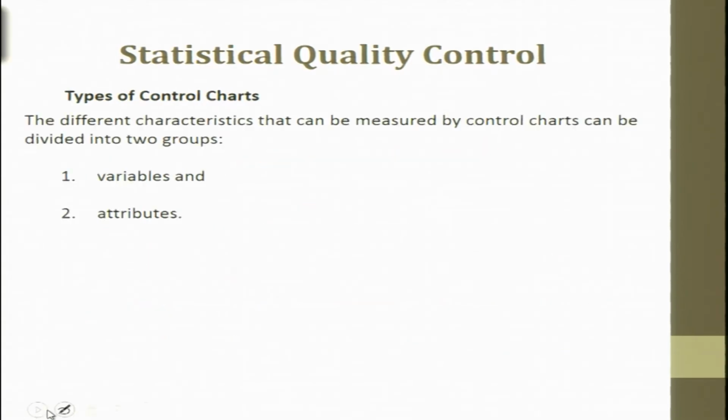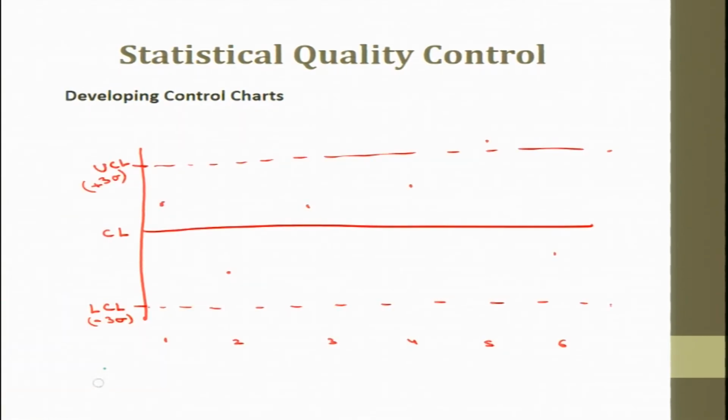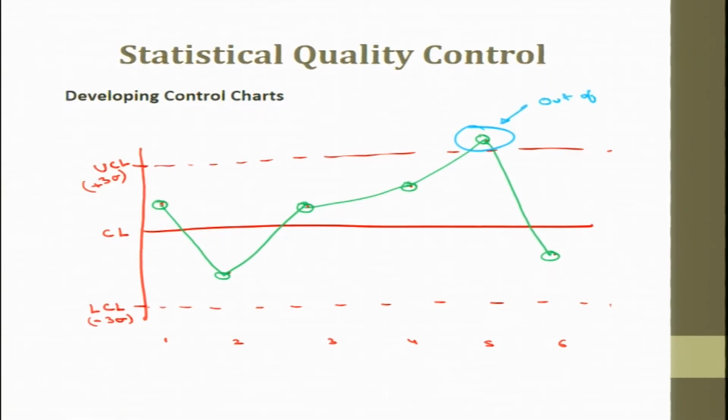I can draw a line here as well. So you can see that there are 6 points, and the specific value, value number 5, is not in control, it is out of the control range.